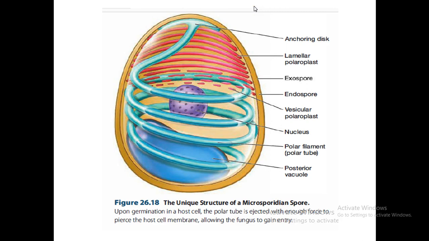From there it will pass on its protoplast or sporoplasm in this case to the host cell, and then it starts its life cycle by making more spores inside the host cell and then taking control of that host cell and causing infection.